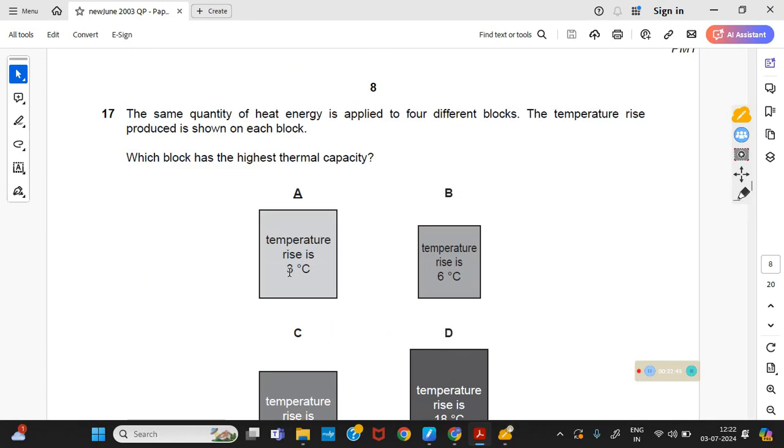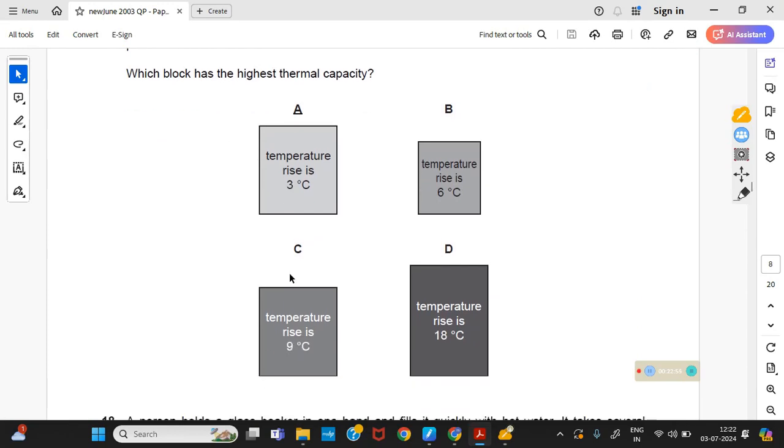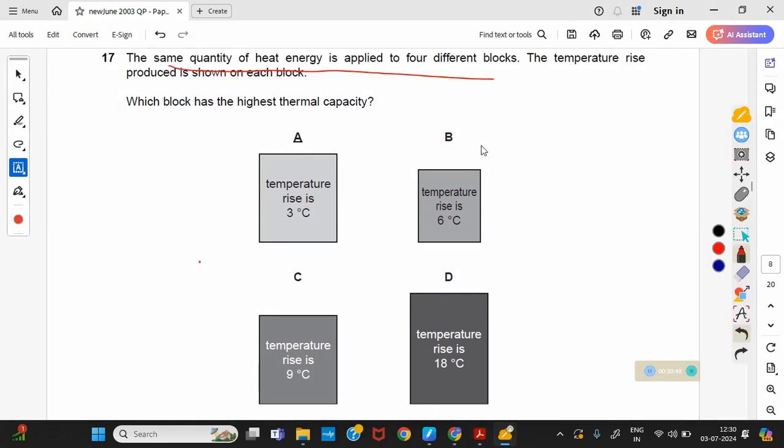The same quantity of heat energy is applied to four different blocks. The temperature rise produced is shown on each block. Which block has the highest thermal capacity? They have different heat capacities, meaning the capacity of storing energy is the heat capacity.